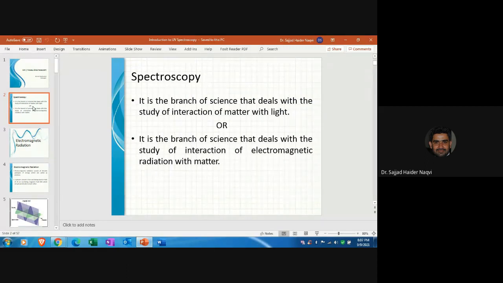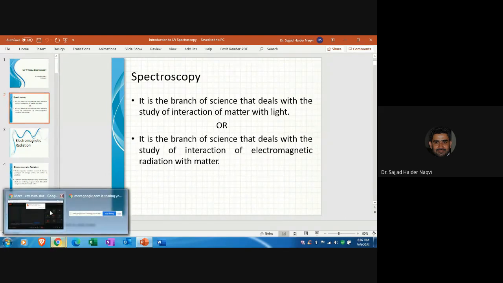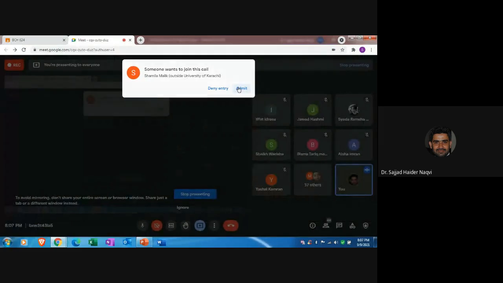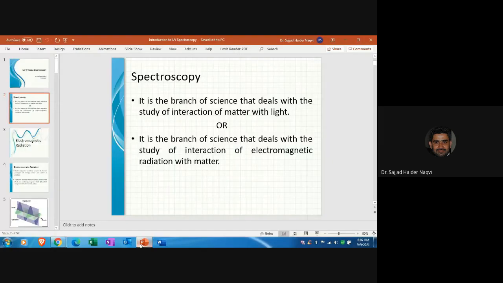You have used the technique of spectroscopy where you got the readings of the ODs and you calculated that and you formed the standard curve and all that kind of stuff. It's the same technique, but now we are going to go into a little bit more detail to understand the principles behind this technique.